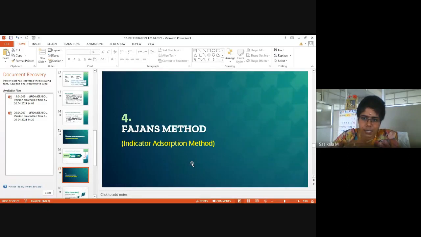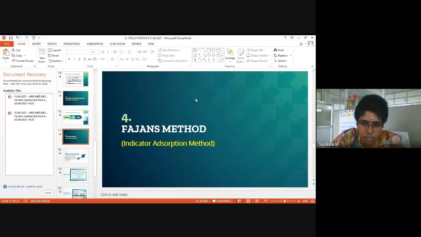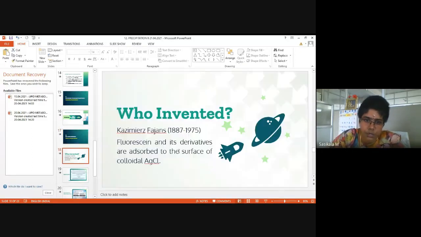That represents the reaction completion, or endpoint. So in Fajans' method we use the concept of indicator adsorption. Not absorption, it is adsorption. You have to know the spelling. Adsorption is a surface phenomenon, whereas absorption means going inside some substance.